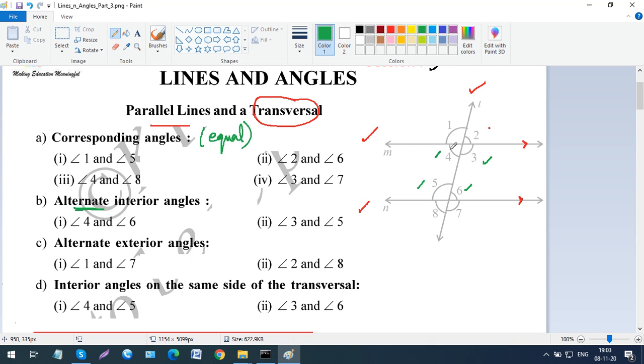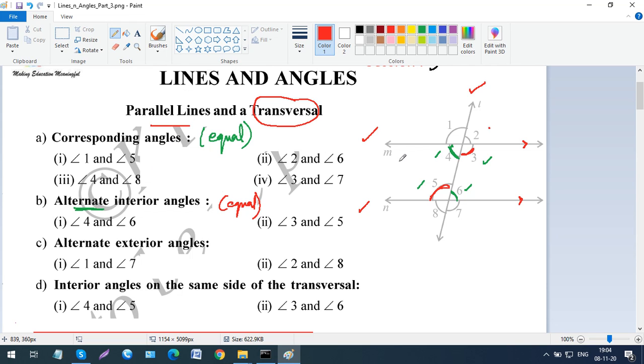So 4 and 6 form an alternate interior pair, and the other set is 3 and 5. They are also equal to each other: angle 3 and angle 5 will be equal, and angle 4 and angle 6 will be equal. This is what you mean by alternate interior angles.